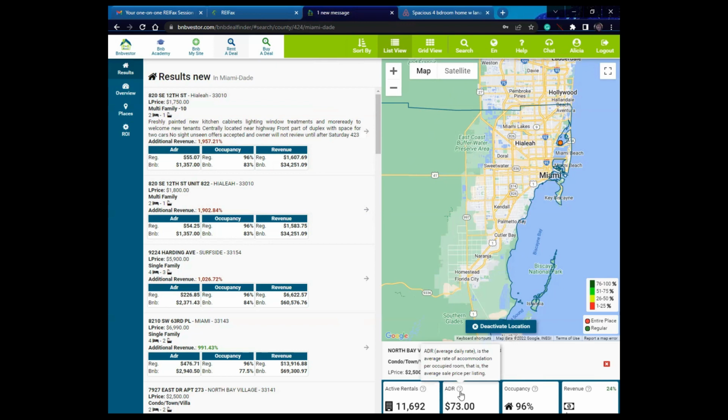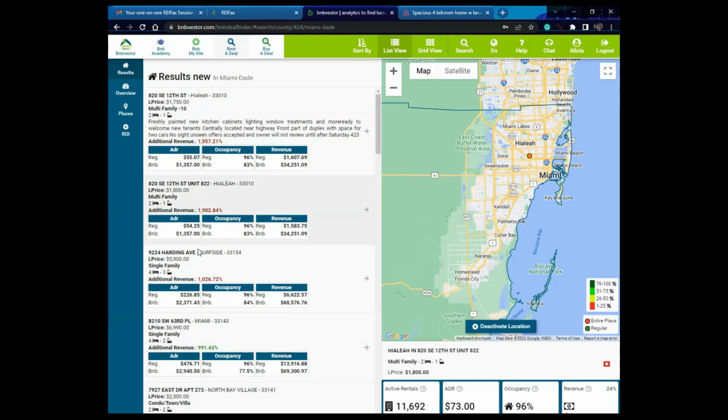This is the average rate per room in this area for daily rentals. It's $73 with an occupancy rate of 96%, with a revenue 24% above what the regular rentals would have as a revenue.